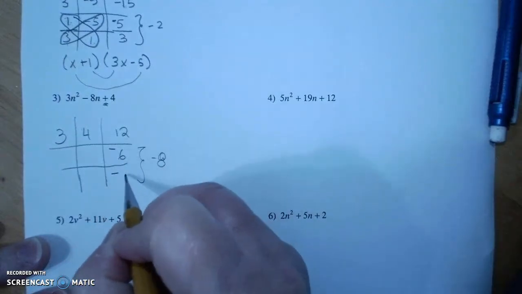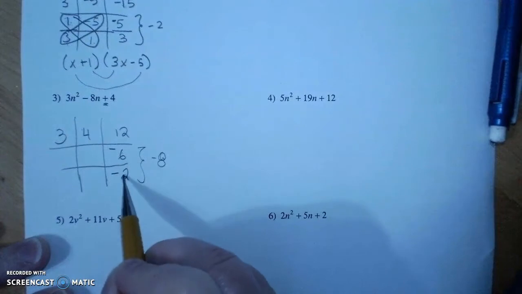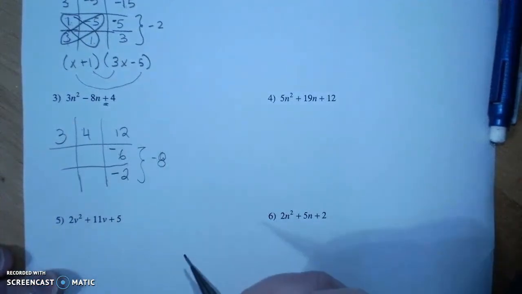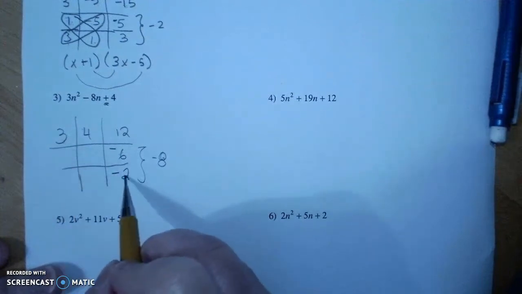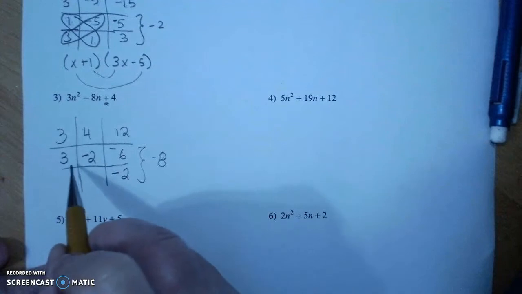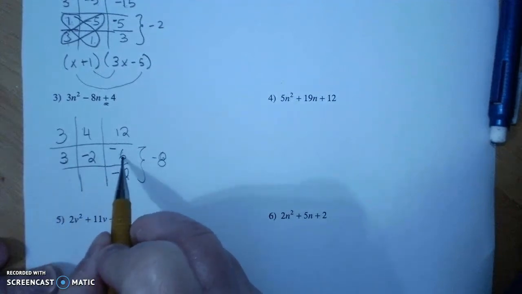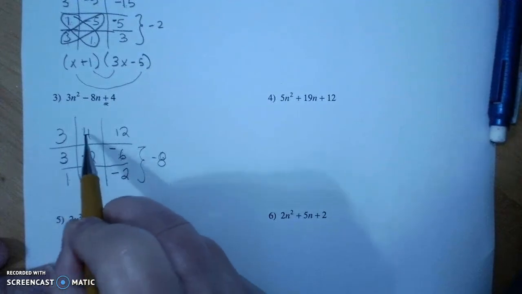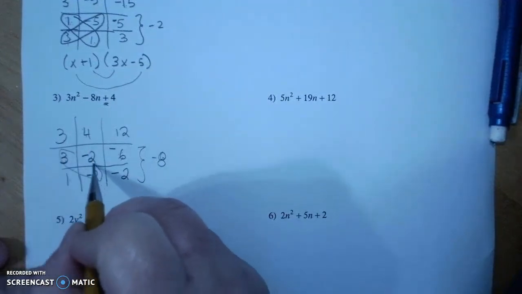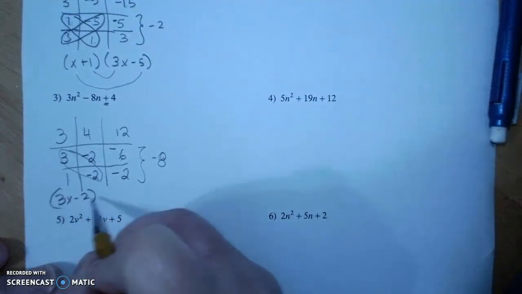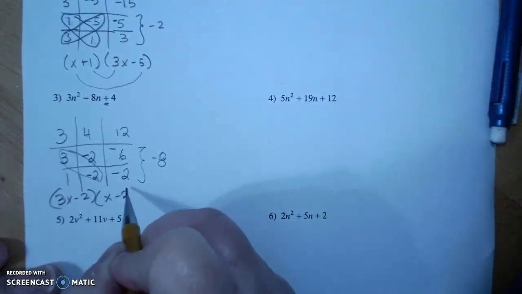Well, that's a -6 and a -2, because 6 times 2 is 12, and -6 times -2 is 12. A 3 cannot go into 2, so it can't go here. It has to go here, which makes that a -2. 3 times -2 is -6. 1 times -2, and -2 times -2 is 4. Here is the 3x minus 2 and x minus 2.